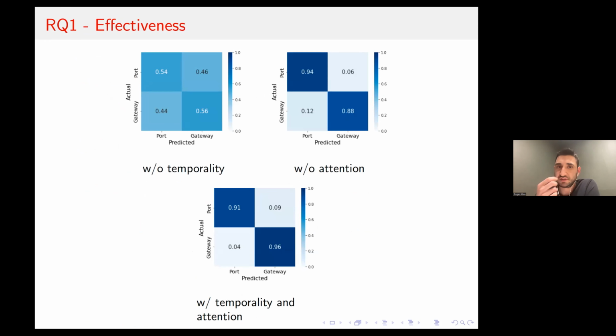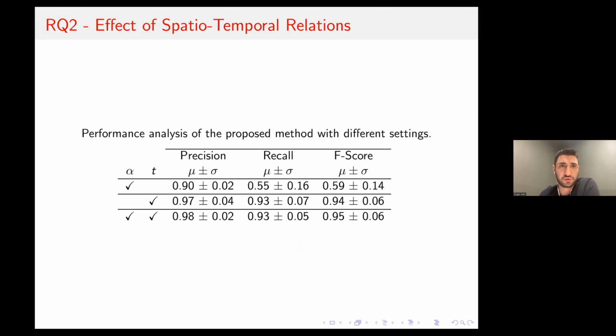As you can see, the results are just a little bit better than the random setting because we have 2 classes. When we include temporality, the performance greatly improves. We have 88% accuracy here. And if we incorporate both temporality and attention, we have 96% in classifying gateway ports.